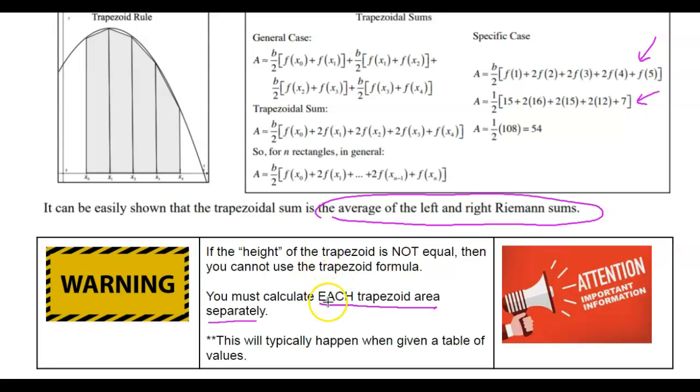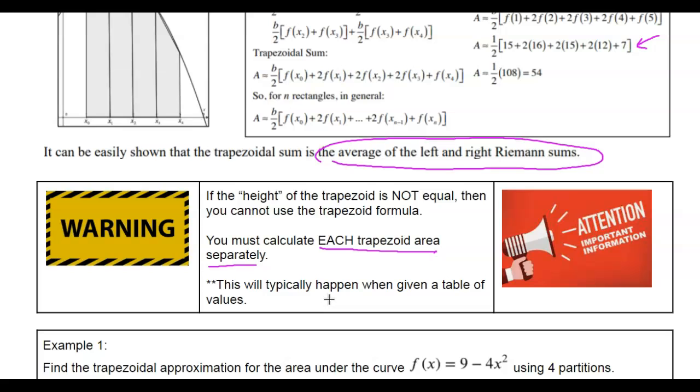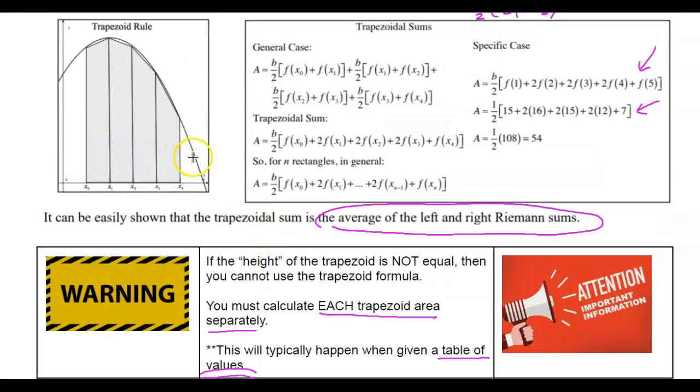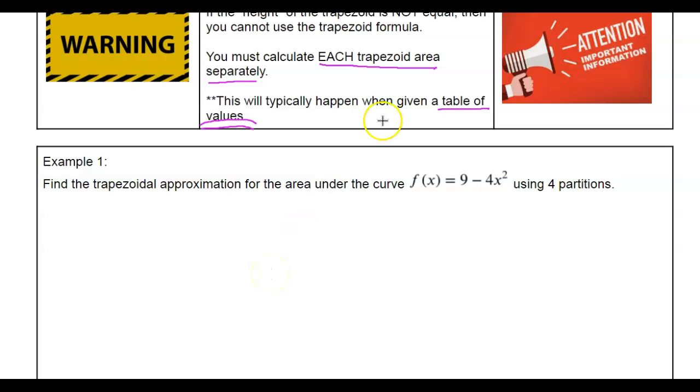That typically will only show up when you're given a table of values, but that's the trap. We will practice this. If you're given a function, then you are going to have uniform widths, so there's no reason to not use this shortcut formula, all right? You're welcome to do each trapezoid individually no matter what, but there's really no reason.